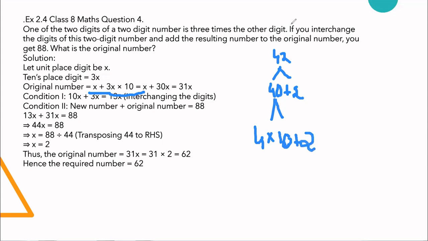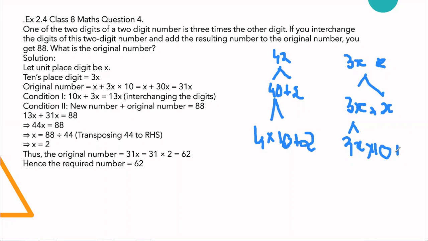Now, how can we do this for the two digits which are x and 3x? My 3x is at the tens place and x is at the ones place. If you just concentrate, 3x will be divided into 3x plus x. Alright. So after this, how do you simplify further? 3x multiplied with 10. Right? So 3x will be multiplied with 10.